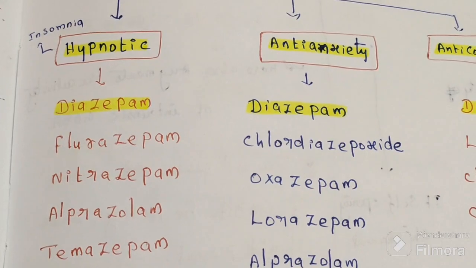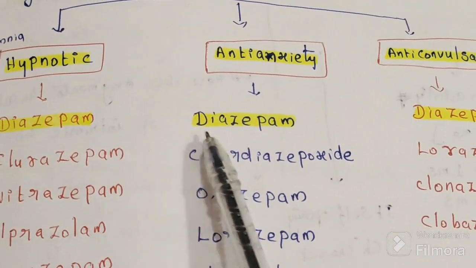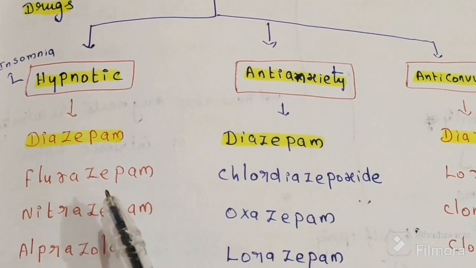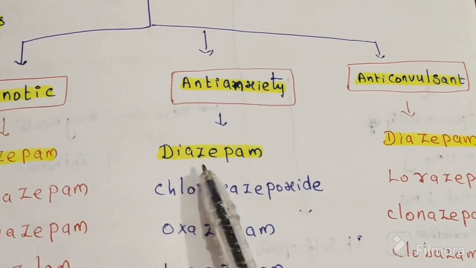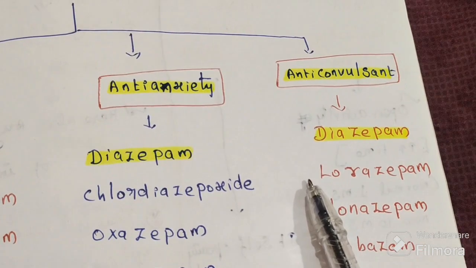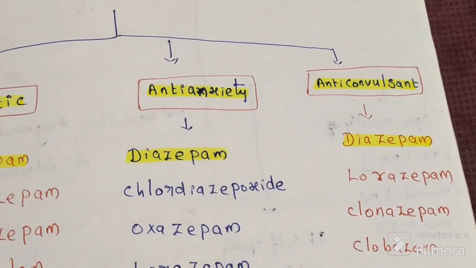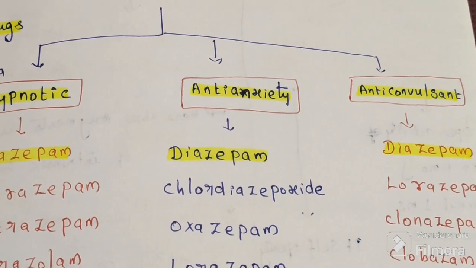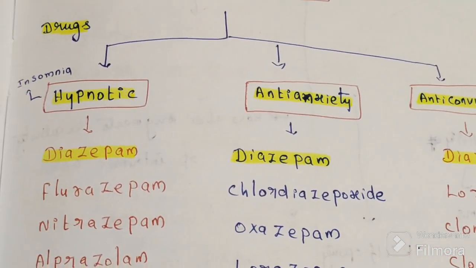Take diazepam, see here. It can be used for insomnia, also for anxiety, and also as an anticonvulsant. So we are using it for everything. What are the drugs?